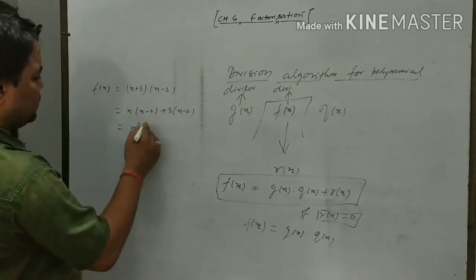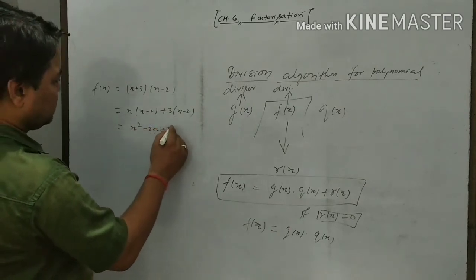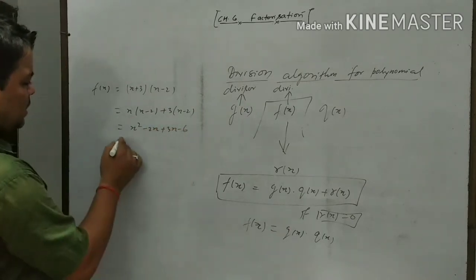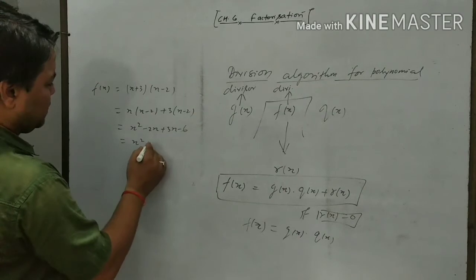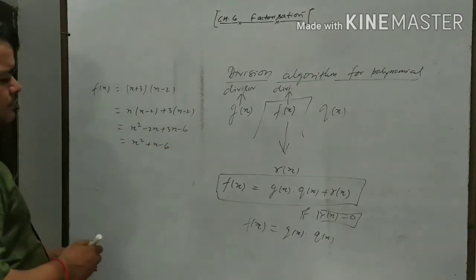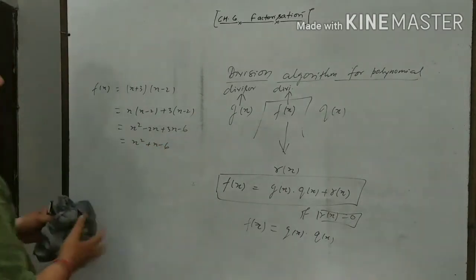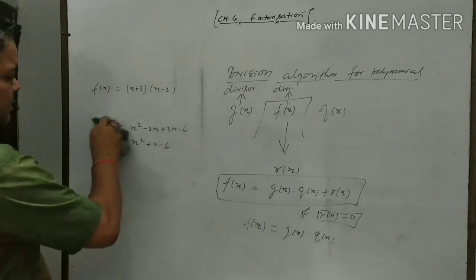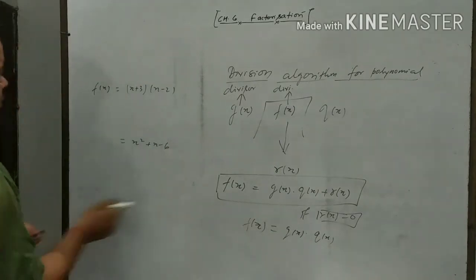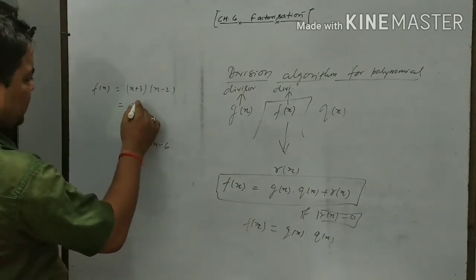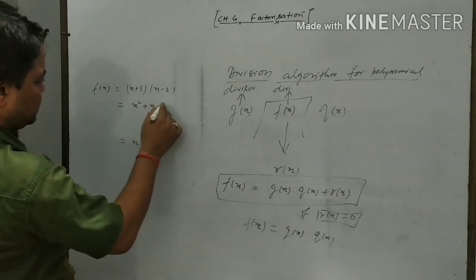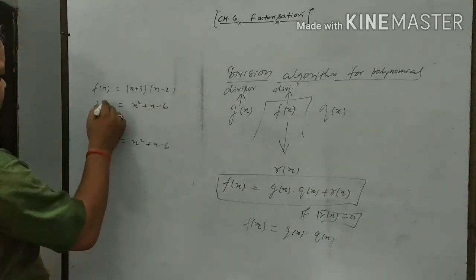It will be x square minus 2x plus 3x minus 6, and we can write x square plus x minus 6. So at the place of this, we can write x square plus x minus 6 as f of x.